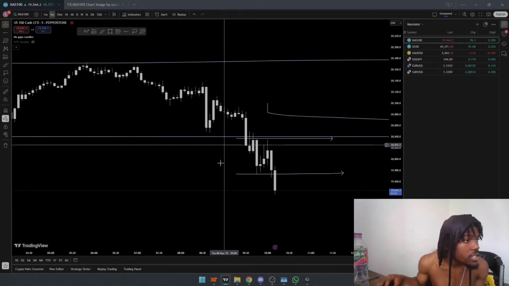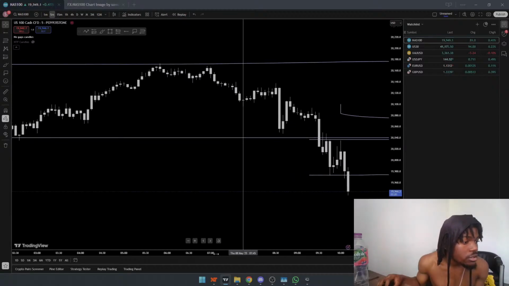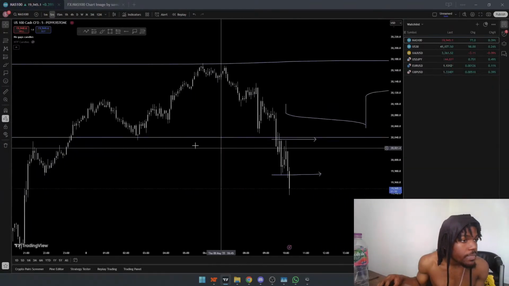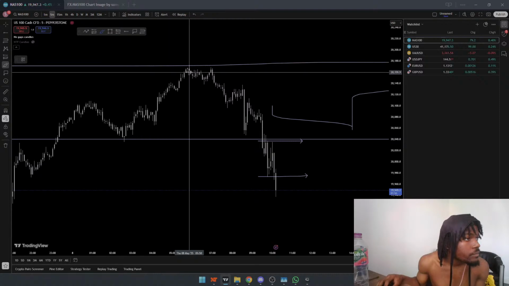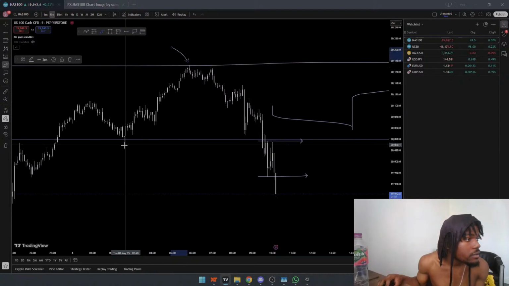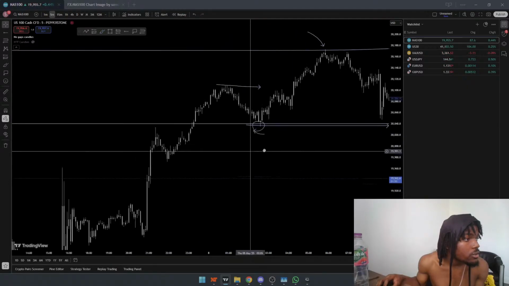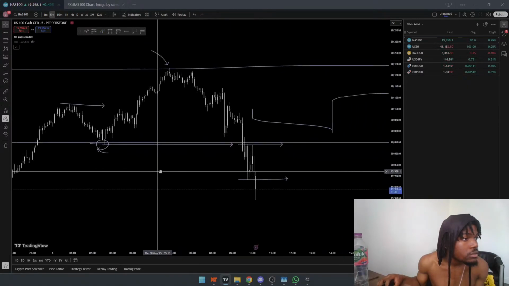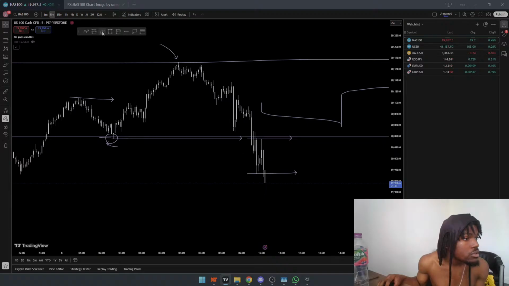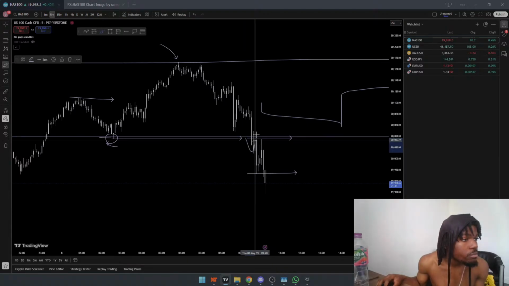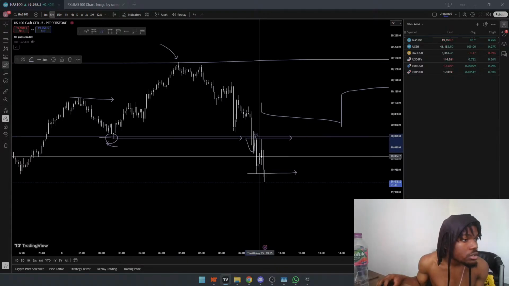So we move down to the lower time frame. So what do we see? Trend. I see a valid high, a valid low. So right now, we've already moved back into this range.